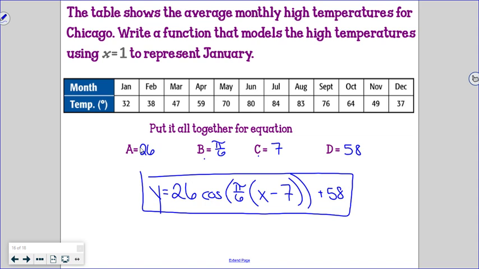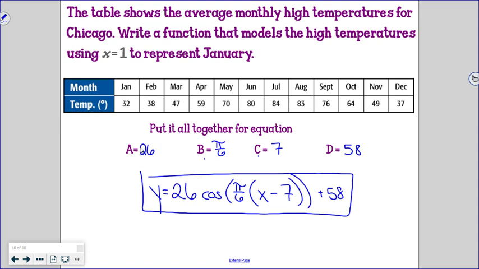And it's going to say use your model, fancy math word for the equation we just wrote, to predict the temperature in Chicago in November. They're not asking you to look at the table and tell me that 49. They can read that. What they're asking you to do is plug that into your function and see what your function says the temperature would be, basically to see how close it is. It should be something close to 49.